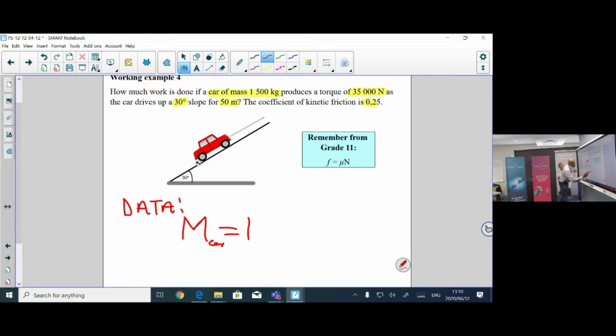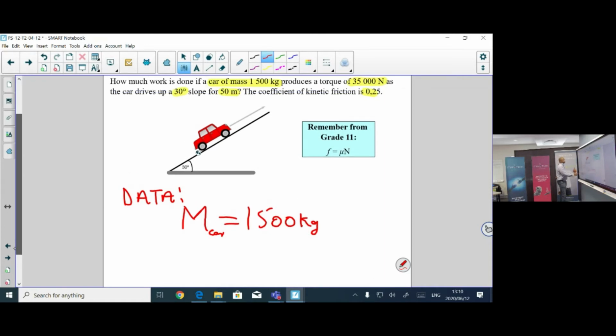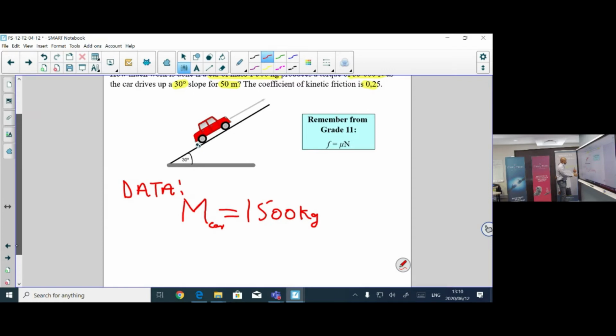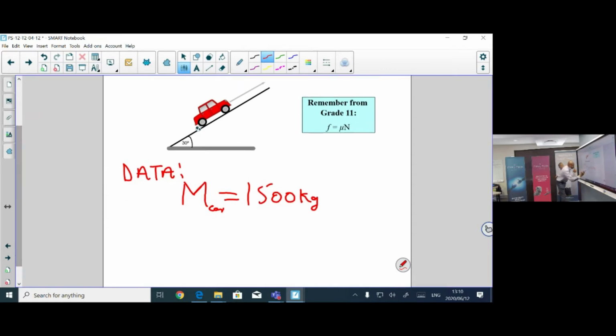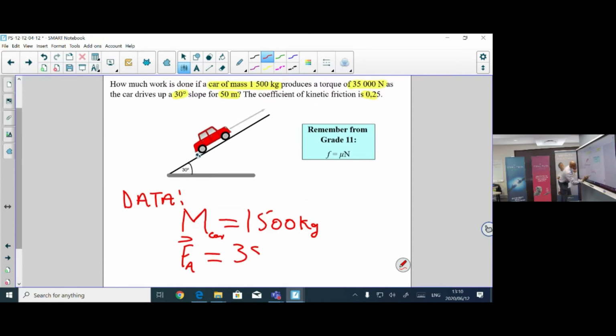It's 1,500 kilogram. And what else? We have F. That is the applied force, which is equal to 35,000 in newtons.